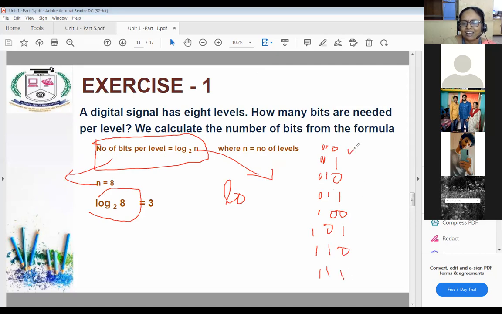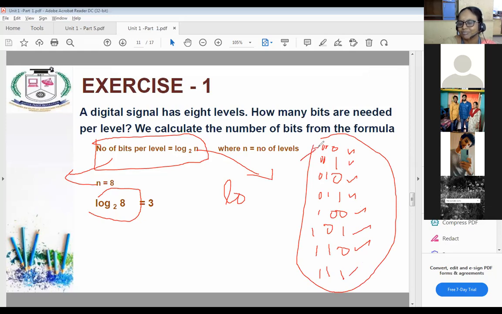So first level, second level, third level, fourth level, fifth level, sixth level, seventh level, eighth level, 8 levels. So in 8 levels, how many bits can I transmit at a time? 3 bits. That is the meaning. This is the calculation. The level decides how many bits are needed for the level. That is very important. Is it clear?